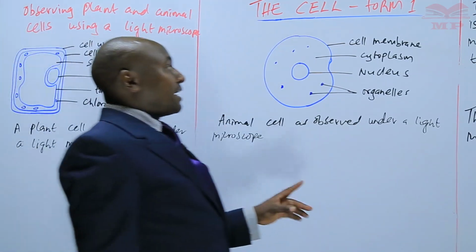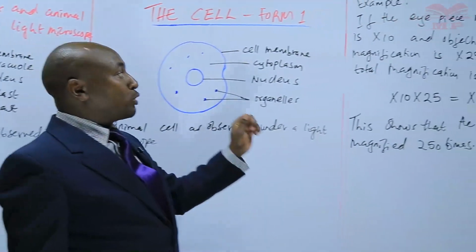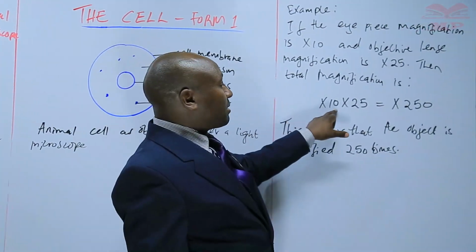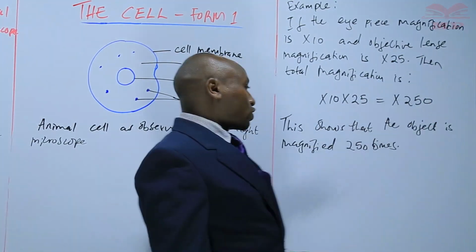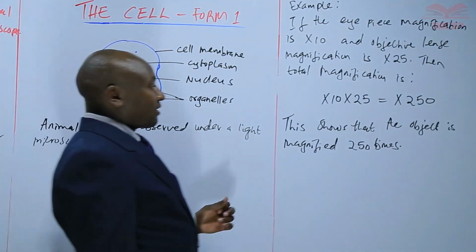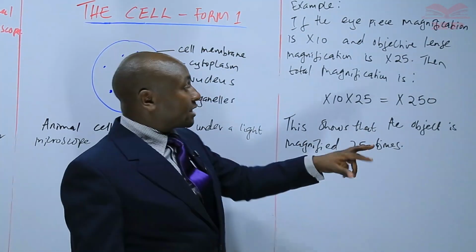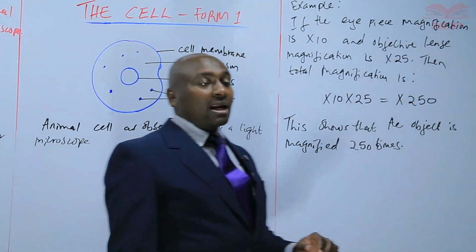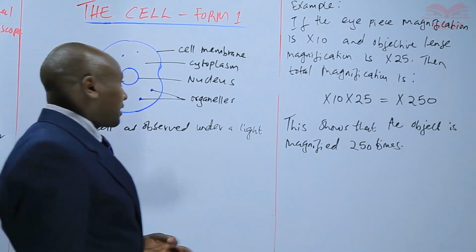So basically, we have learned how to calculate magnification by multiplying the eyepiece magnification with the objective lens magnification to get the total magnification. And the total magnification must be written as times the number of times a certain object is magnified.